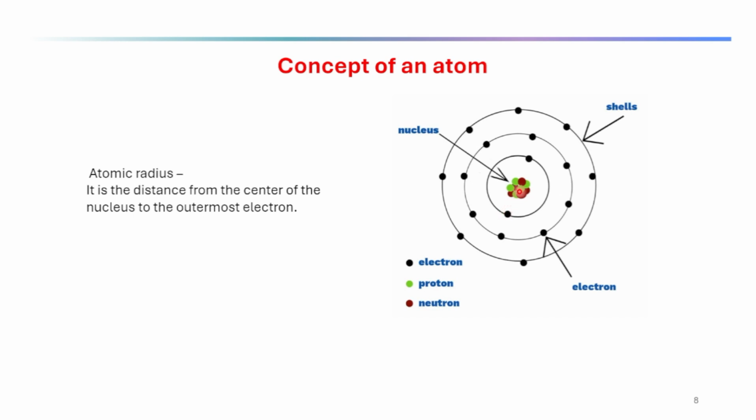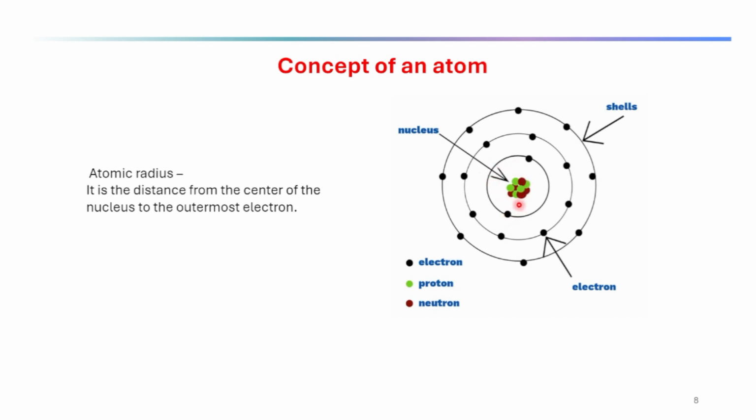In a neutral atom, if we have 5 protons, we will have exactly 5 electrons. For example, in sodium we have 11 protons and 11 electrons. So in a neutral atom, you have the same number of protons and electrons.